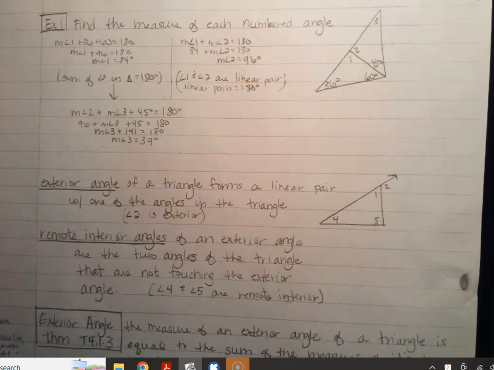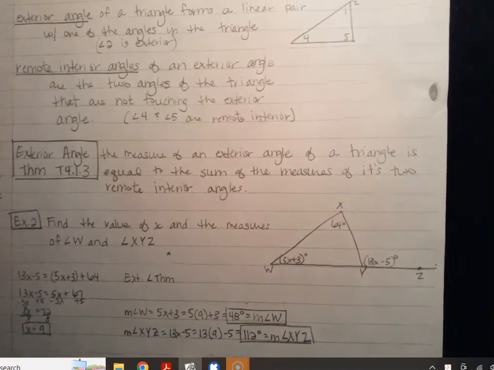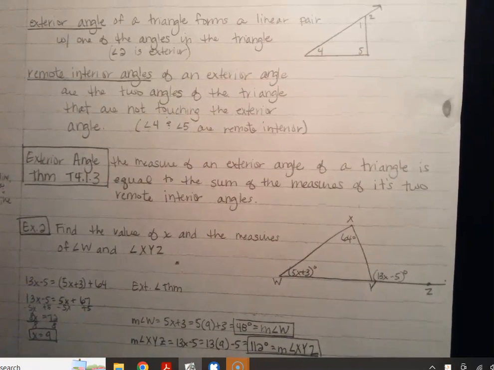Okay, so switching gears a little bit, getting some new vocabulary in there. We've got an exterior angle of a triangle forms a linear pair with one of the angles in the triangle. So angle 2 is our exterior angle right here. That's the exterior angle. It's outside of the triangle.